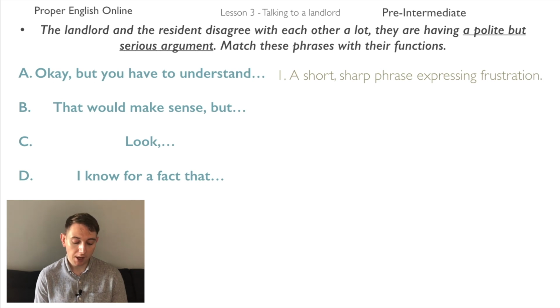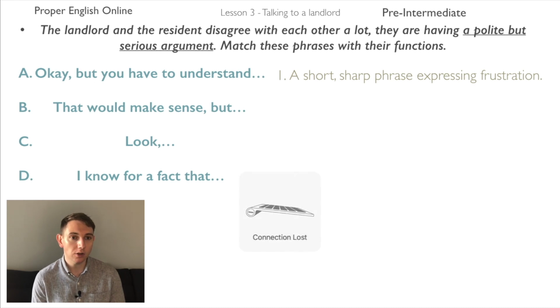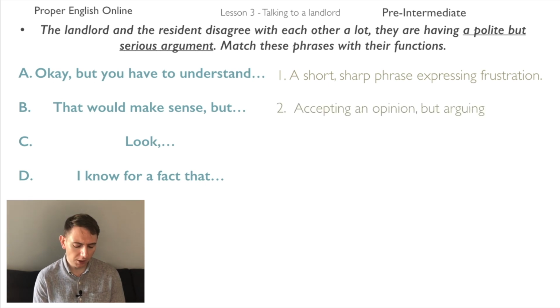For example here, a short, sharp phrase expressing frustration. So when you're having a polite but serious discussion, we might use this short, sharp phrase, and it shows that you are annoyed or frustrated. Another one, this one here, accepting an opinion but arguing against it. So you accept the other person's opinion, but you disagree with it.